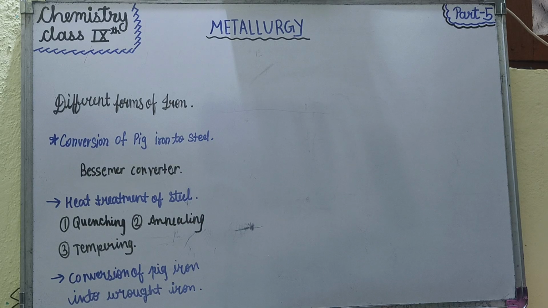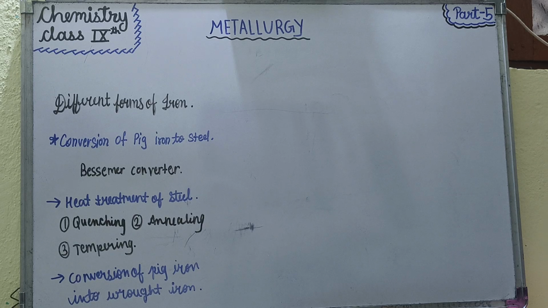Pig iron or cast iron is melted in a furnace with hematite, Fe2O3, to reduce the carbon content, and the impurities are removed in the form of slag by passing molten wrought iron through rollers.